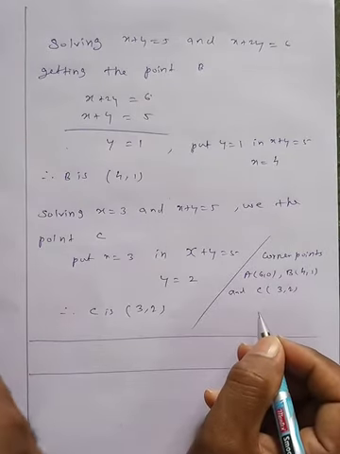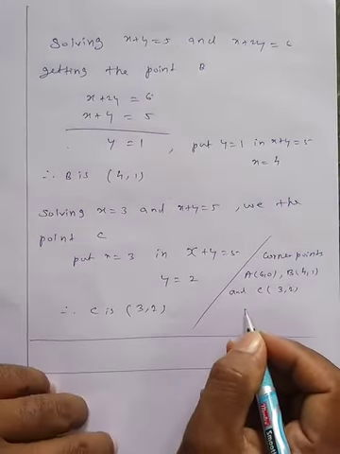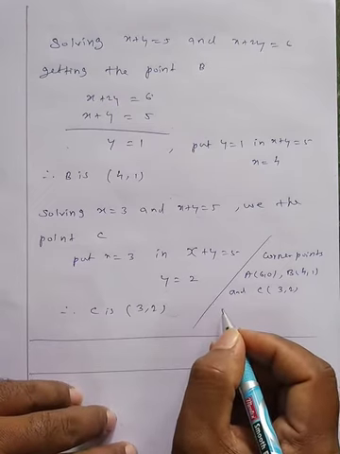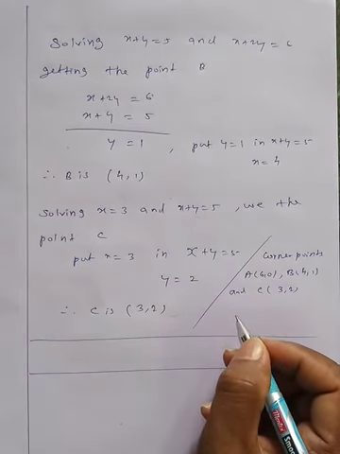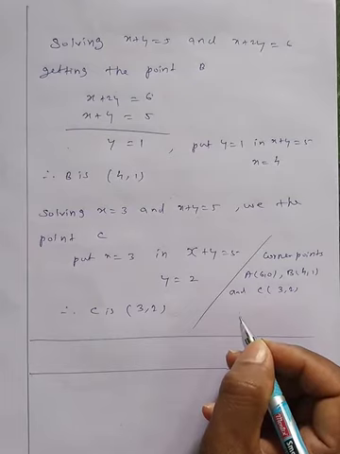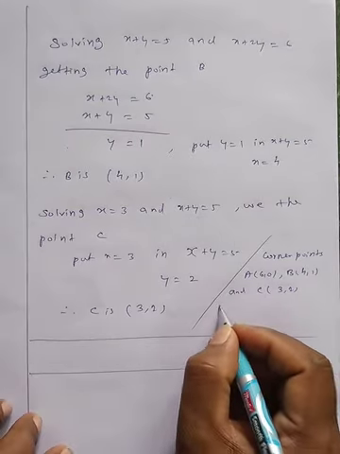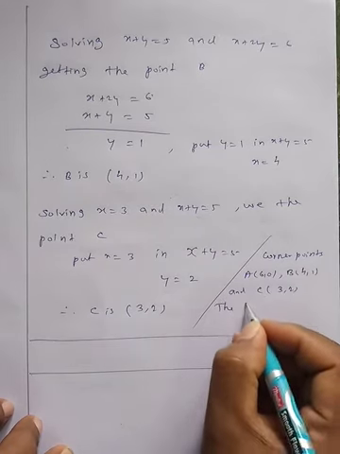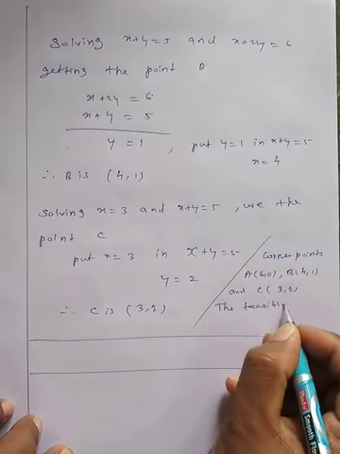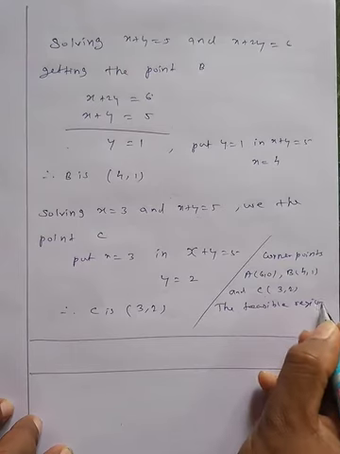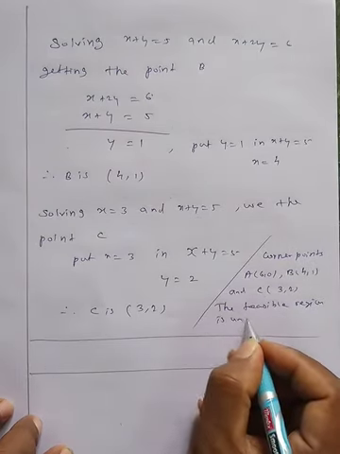The feasible region is not a bounded convex polygon; the feasible region is unbounded.